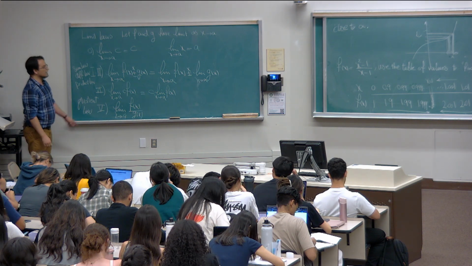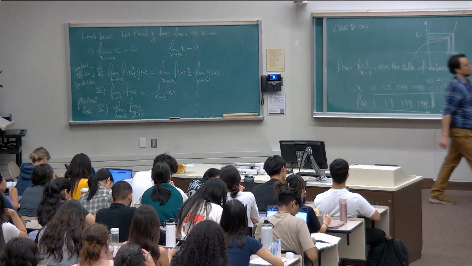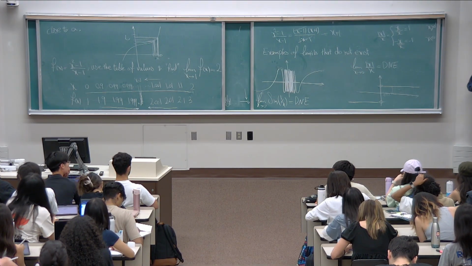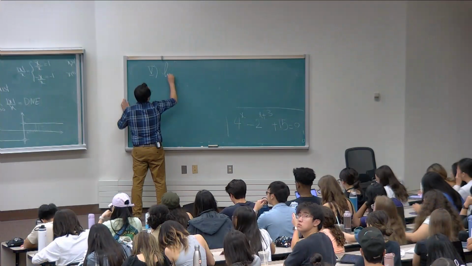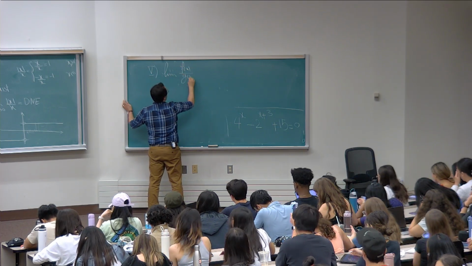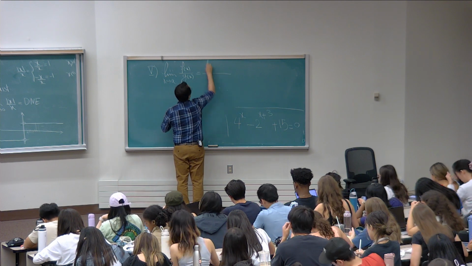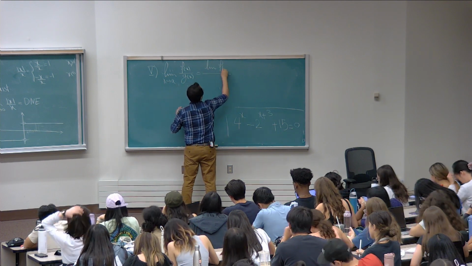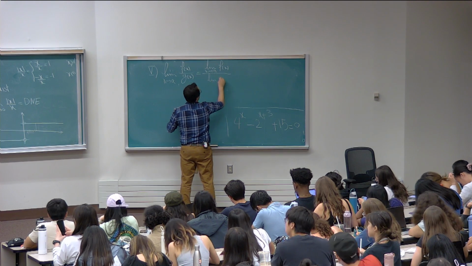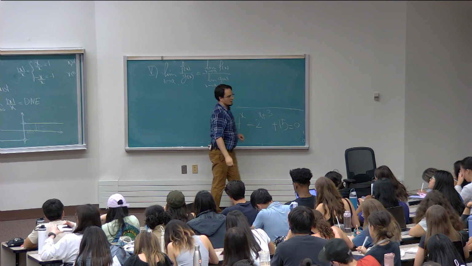I'm sorry, I am writing it very low there, and I know that the people back there are not seeing it very well. So I'll rewrite it over here. Limit of f of x over g of x as x approaches a is limit of f of x as x approaches a, over limit of g of x as x approaches a.